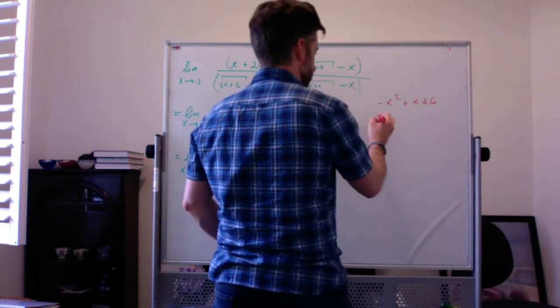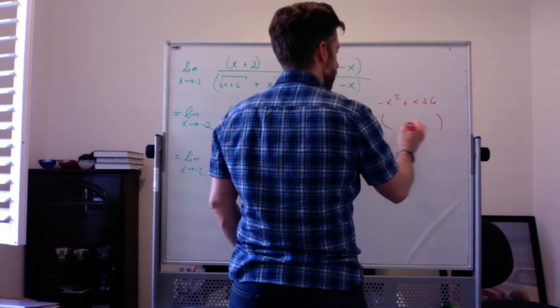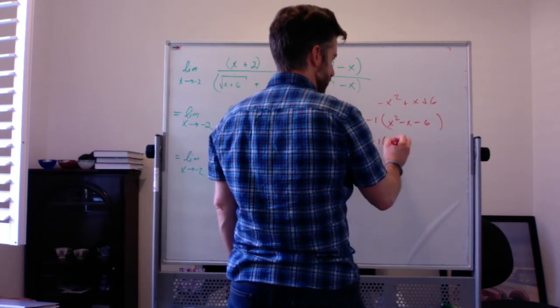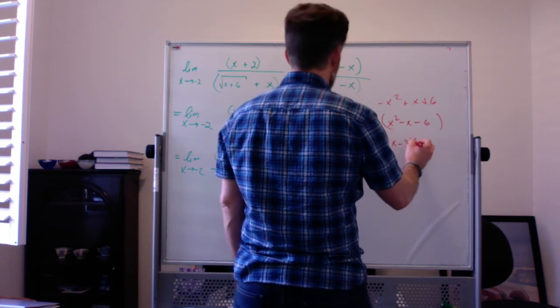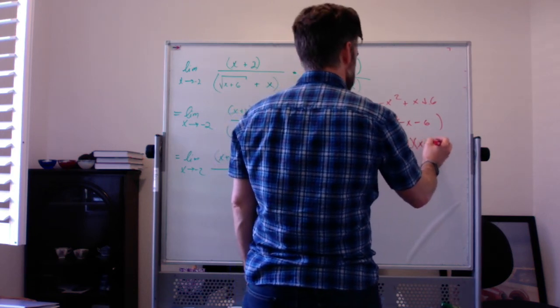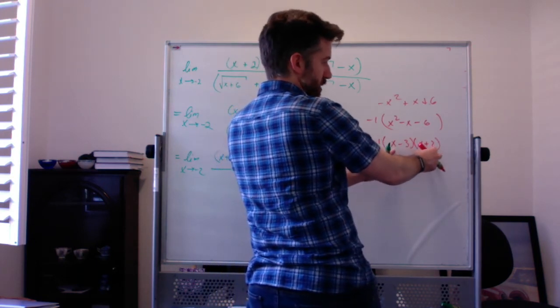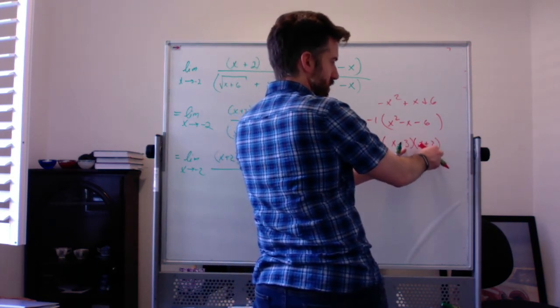So I'm going to factor out the minus 1 first. I'm left with x squared minus x minus 6. And that factors as x minus 3 times x plus 2, because x squared minus 3x plus 2x is minus x, and minus 3 plus 2 is minus 6.